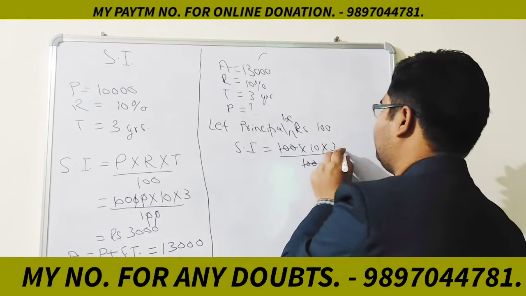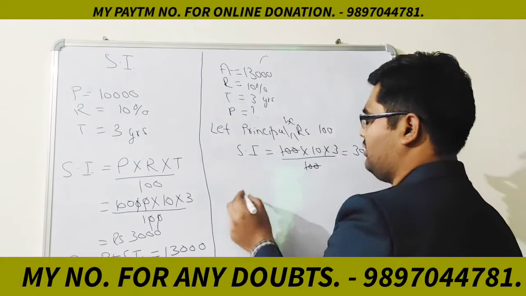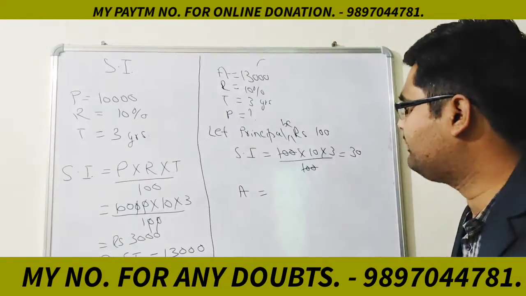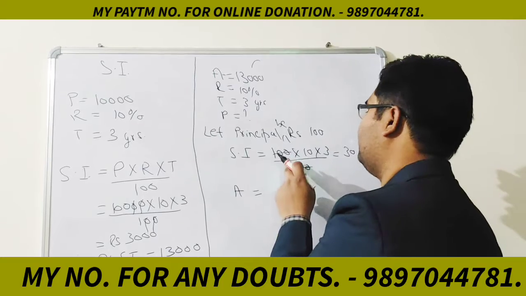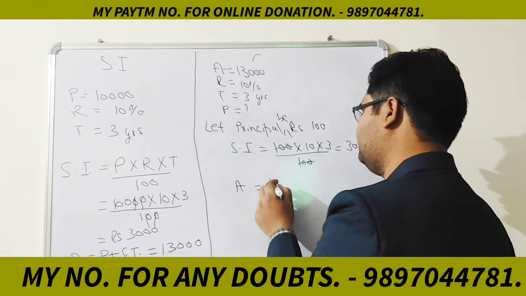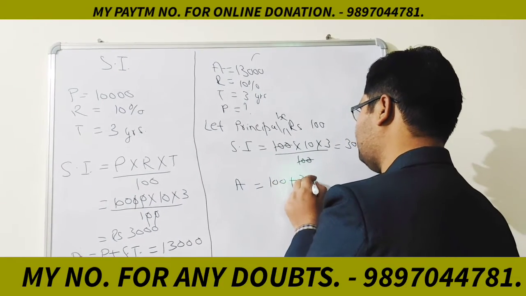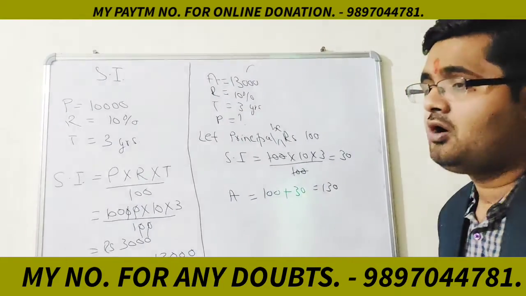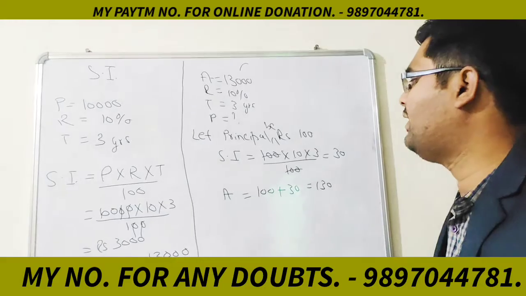This cancels. 30 is the simple interest. So the amount comes out to be, amount formula is what? Principal plus SI. It comes out to be 100 plus 30. That is 130. Now we will apply the unitary method to find out the principal.